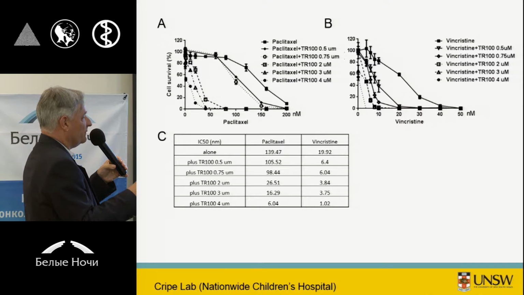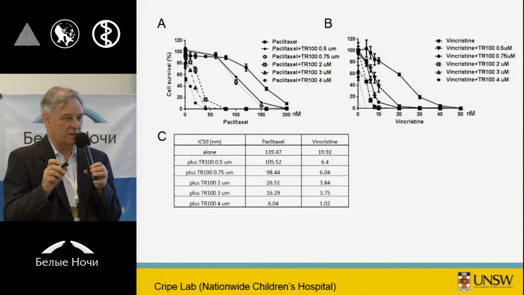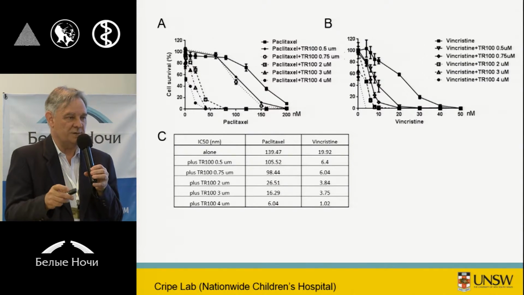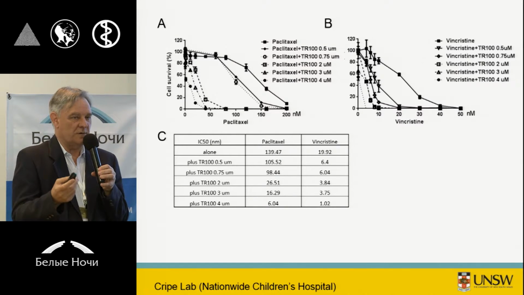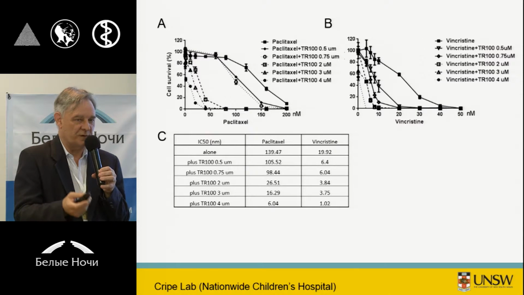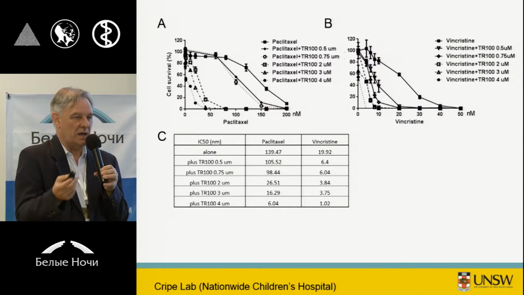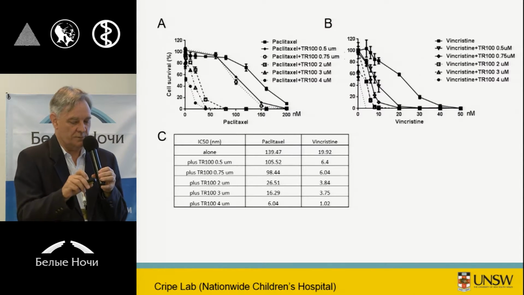You do the same experiment with vincristine, you get exactly the same result. And what that means is that vincristine and paclitaxel are about 20-fold more active in the presence of the anti-tropomyosin compound.